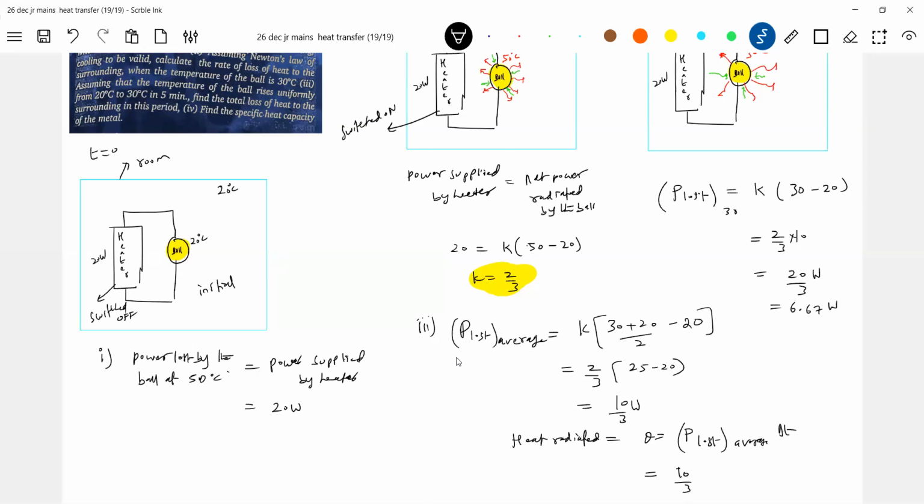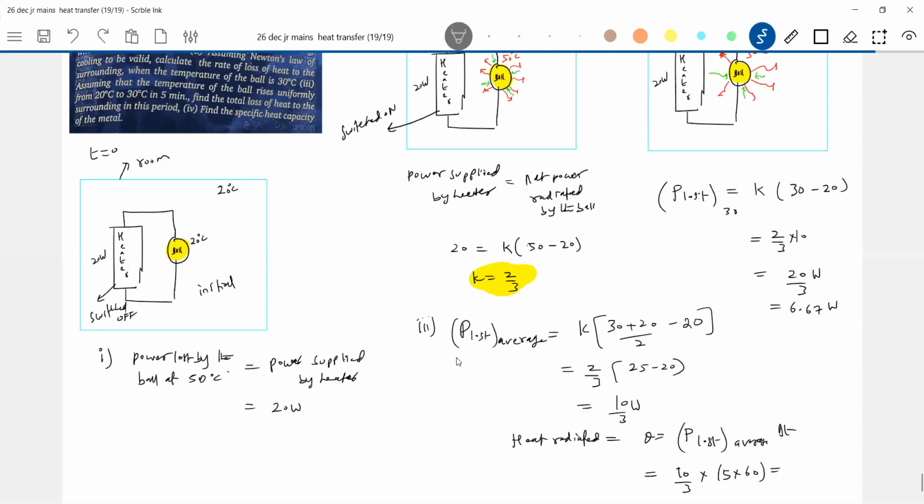So 10 by 3 into, what is the time? Delta T, 5 into 60 seconds, because power will be in watt, Joule per second. So it should be expressed in seconds. So this should be equal to, anybody value? 1000. Yes, 1000 joules will be lost.